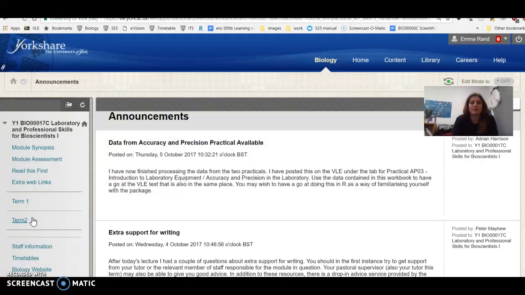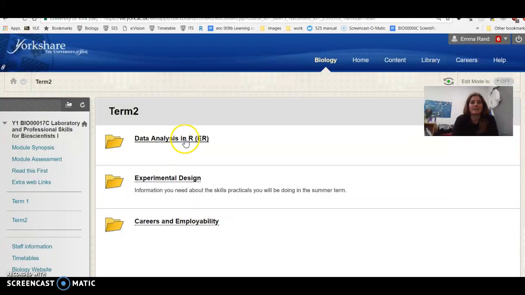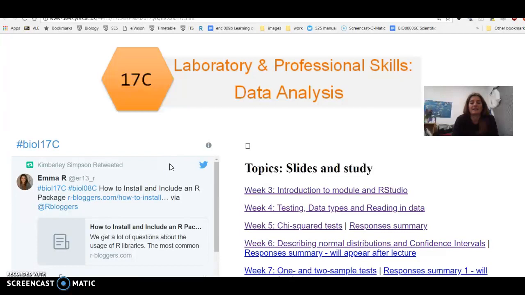So what you need to do is go to the VLE, go to the 17C site, go to Term 2, Data Analysis in R, follow the orange blob to the website, and then you'll see that the topics this week are describing normal distributions and confidence intervals.